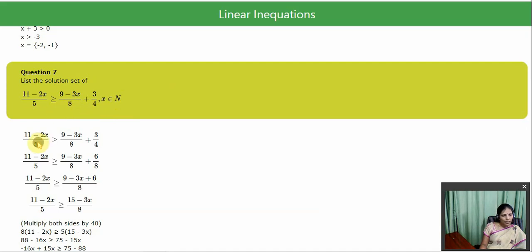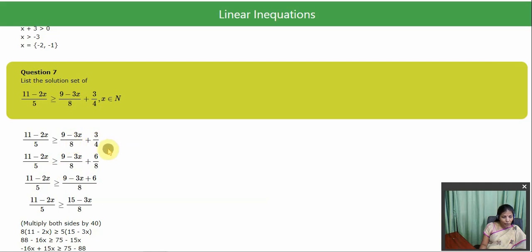Now we will write the question here. So (11 - 2x)/5 ≥ (9 - 3x)/8 + 3/4. Now here the next step: you have two fractions on the right, so I have to add both the fractions.